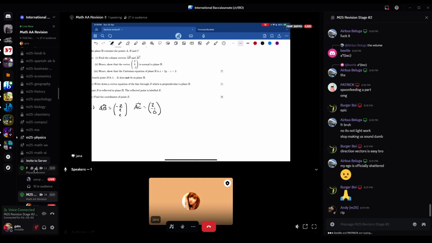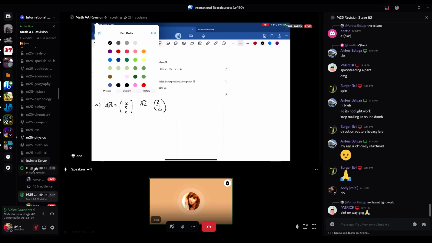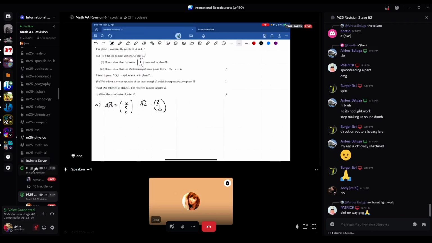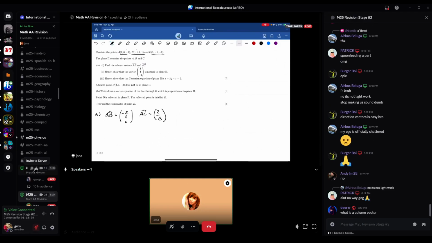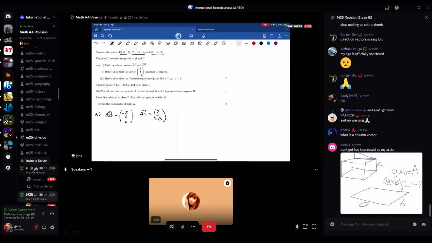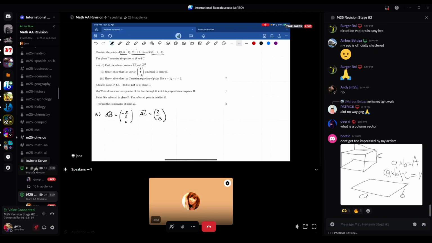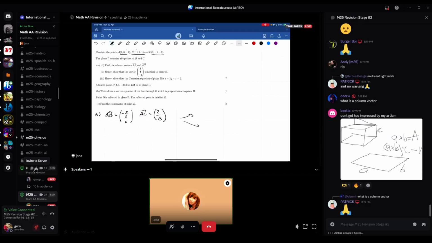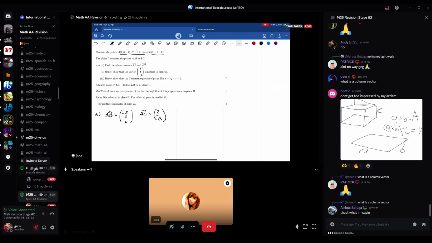All right, now we have to show that this vector 2, 4, minus 2 is normal to the plane pi. We know that vector AB and vector AC are inside the plane because they just told us that they're inside the plane.